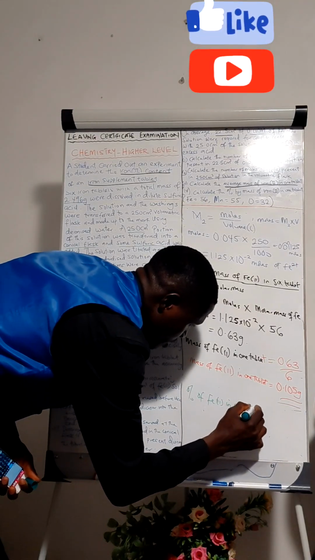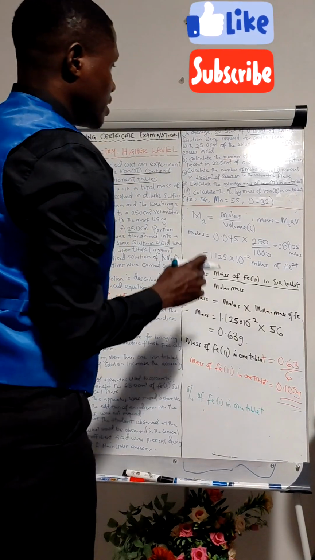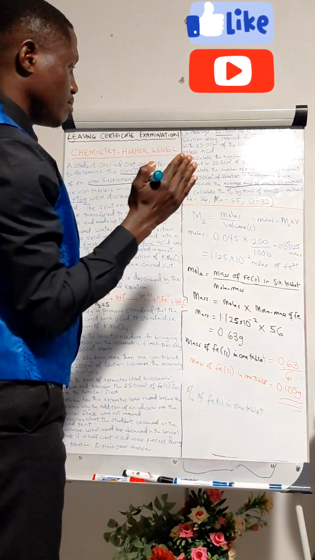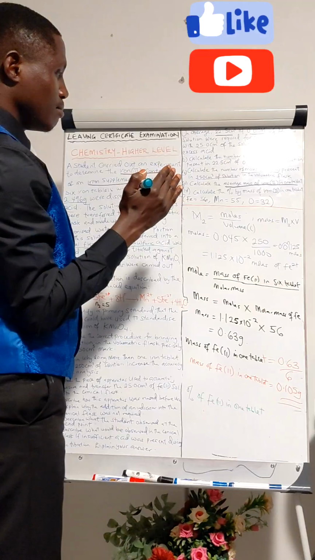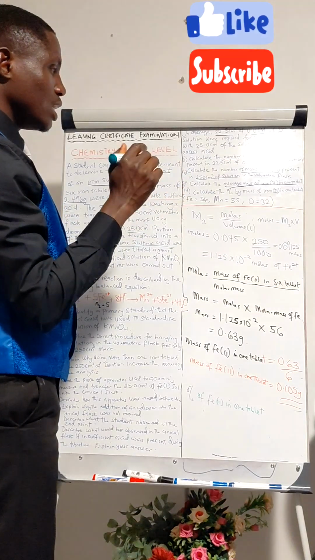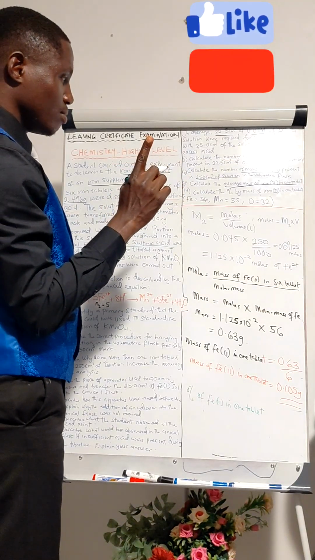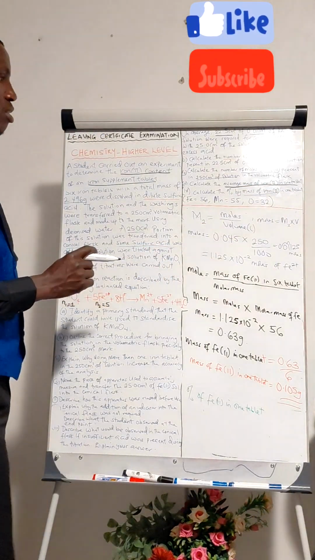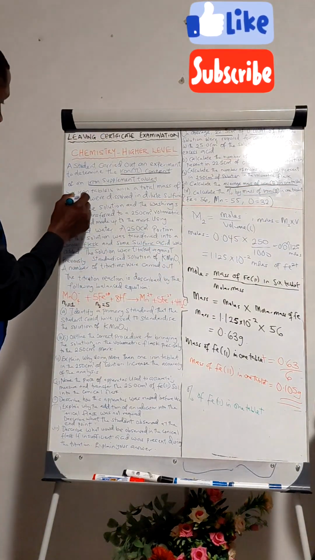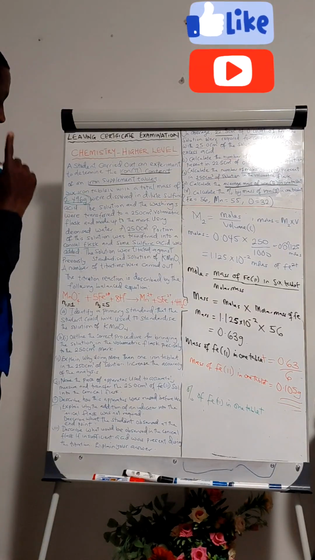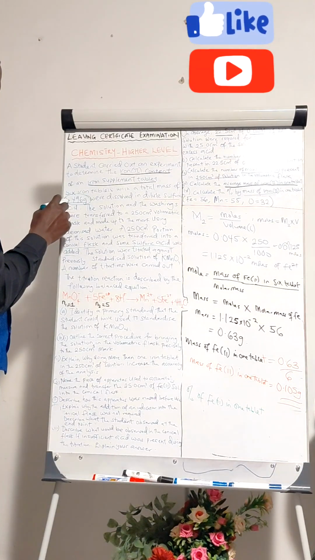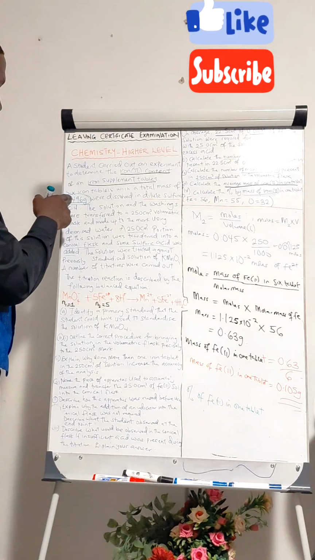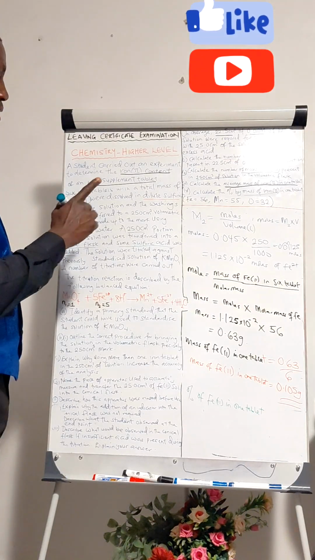You have to be very careful. Mass of iron 2 in one tablet. What is the total mass of 6 tablets? So what you are going to do is divide this by 6 to get the actual mass of one tablet.